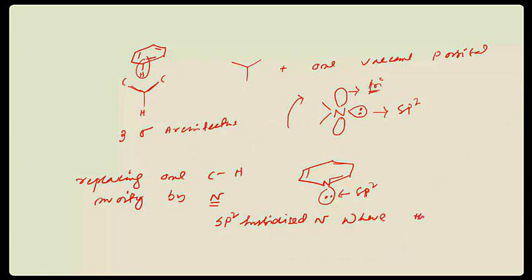Where the lone pair of electrons lies or resides in an sp2 orbital. Because your p orbital has to be vacant.